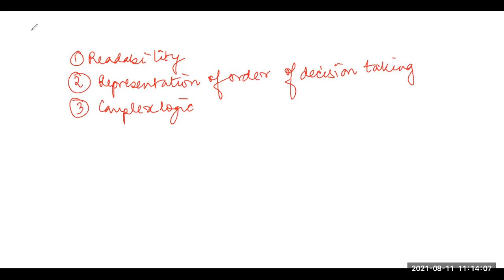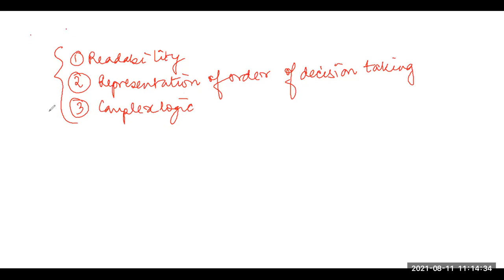So given decision tree versus decision table, it is very difficult to say which is better; depending on the software which is to be built, I can say which one is better. Otherwise, from the readability aspect, decision tree is better. From the complex logic representation aspect, decision table is better.